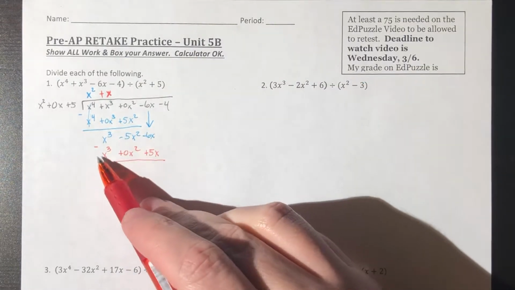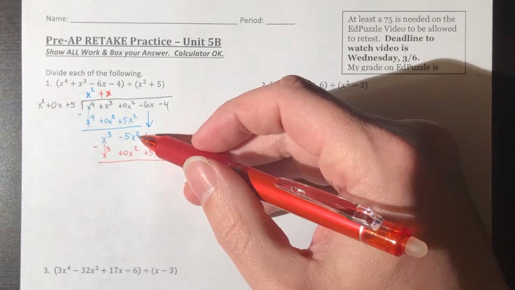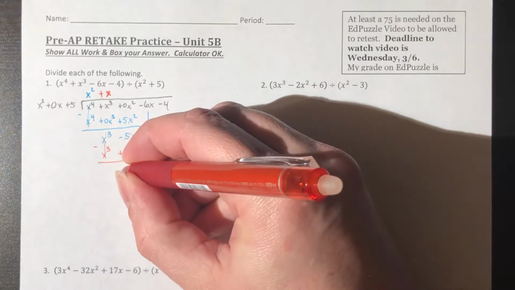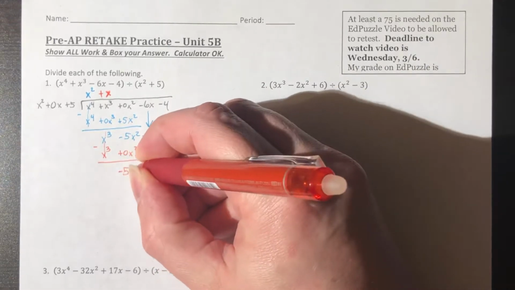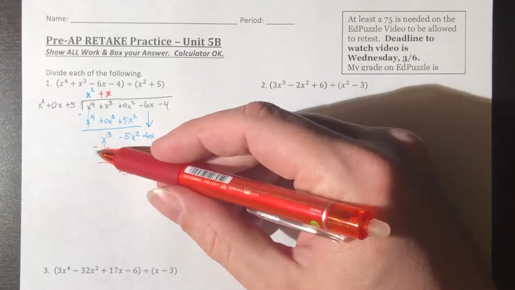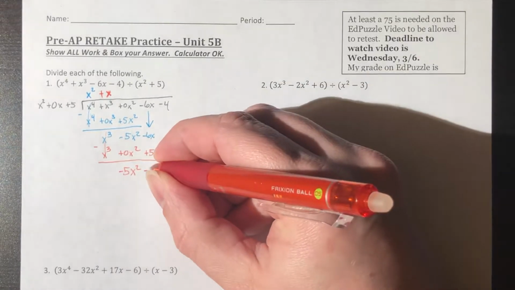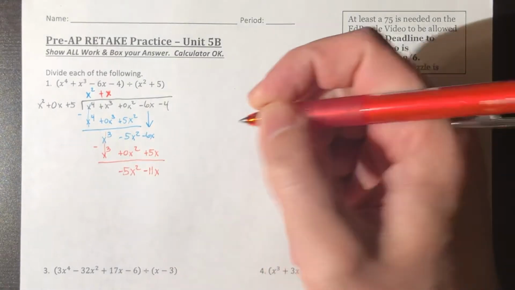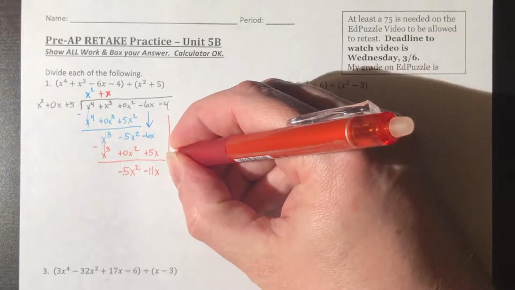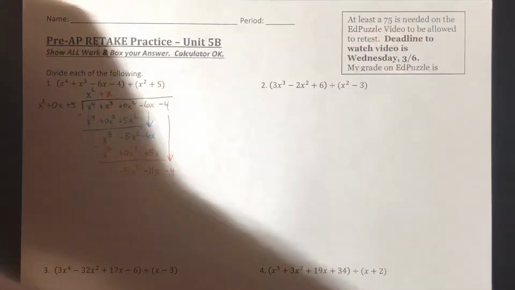So x cubed minus x cubed, that cancels. Negative 5x squared minus 0x squareds is still just negative 5x squareds. And negative 6x minus 5x, negative 6 minus 5 is negative 11x. And I bring down that negative 4.